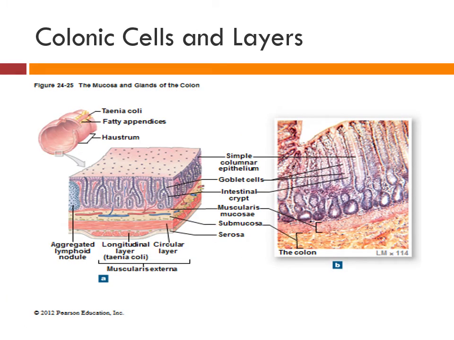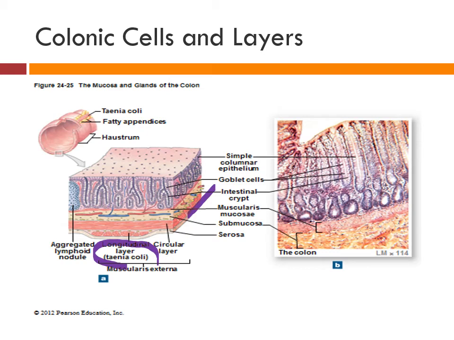Our layers within the colon, we have the muscularis externa, with the circular inner layer, but then also the longitudinal layer becomes the tenia coli. So you can see how that does not wrap all the way around the outside of the colon.